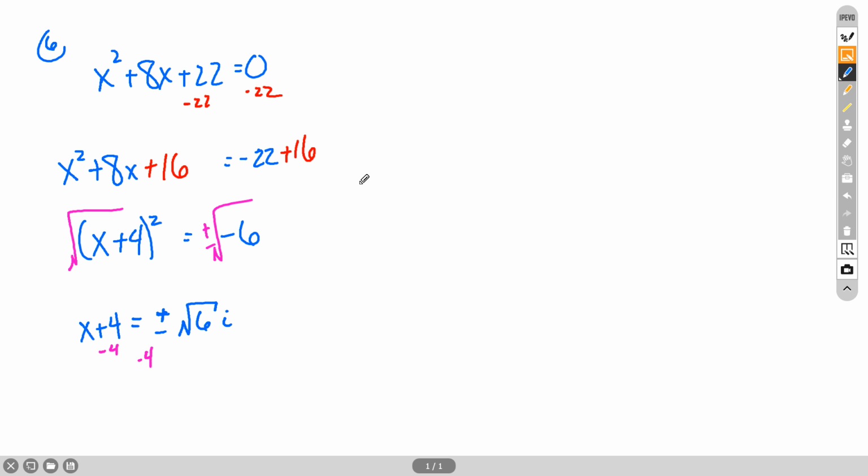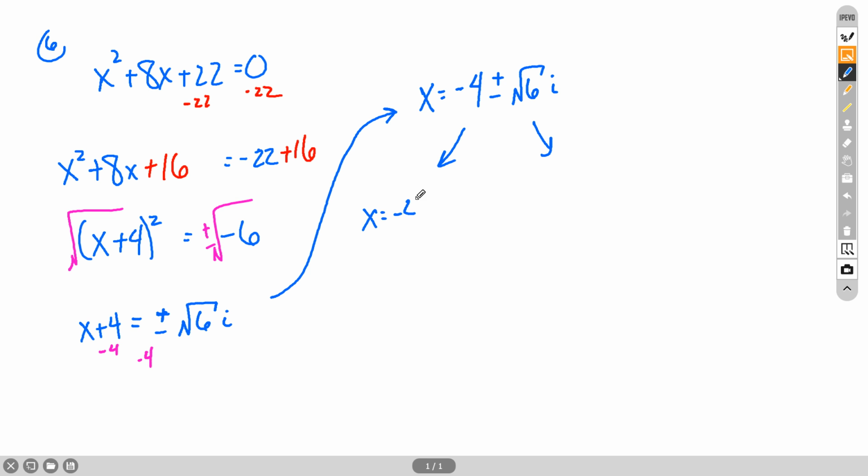So I'm looking at x is equal to negative 4, because the real number always comes first, plus or minus square root 6i, the complex number. It's two solutions. X equals negative 4 plus square root 6i, and x equals negative 4 minus square root 6i.